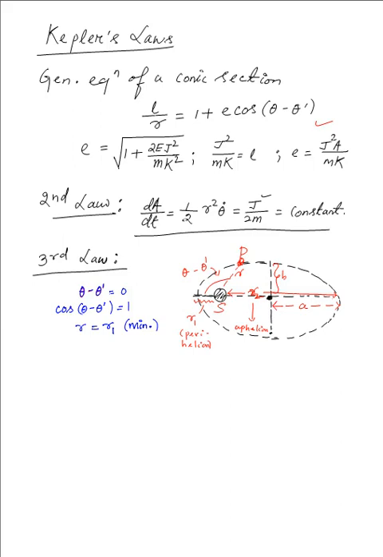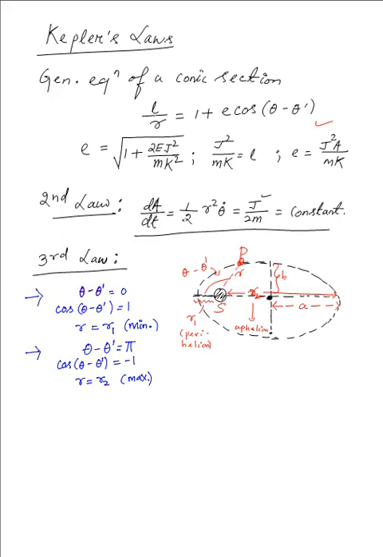Then let's assume another condition, that theta minus theta prime is equal to pi. Then the cosine of that is minus 1, and we get r to be equal to r2, which is the maximum possible value, the aphelion.